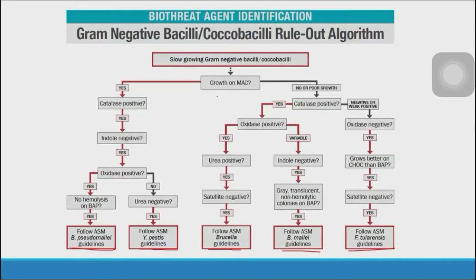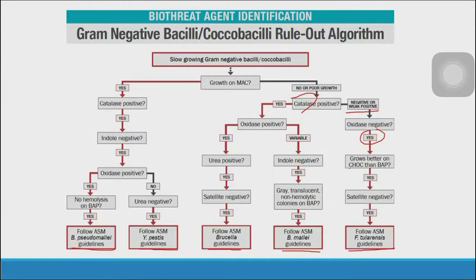Okay, if for example, growth on MAC, again, no or poor growth. Pag no or poor growth, check mo na ngayon yung catalase reactivity. So, kanina, na-mention doon sa mga result, ay negative or weakly positive yung catalase. Di ba? Weakly positive. So, dito tayo pupunta. Weakly positive catalase. Is oxidase negative? Yes. Grows better than chalk on BAP.